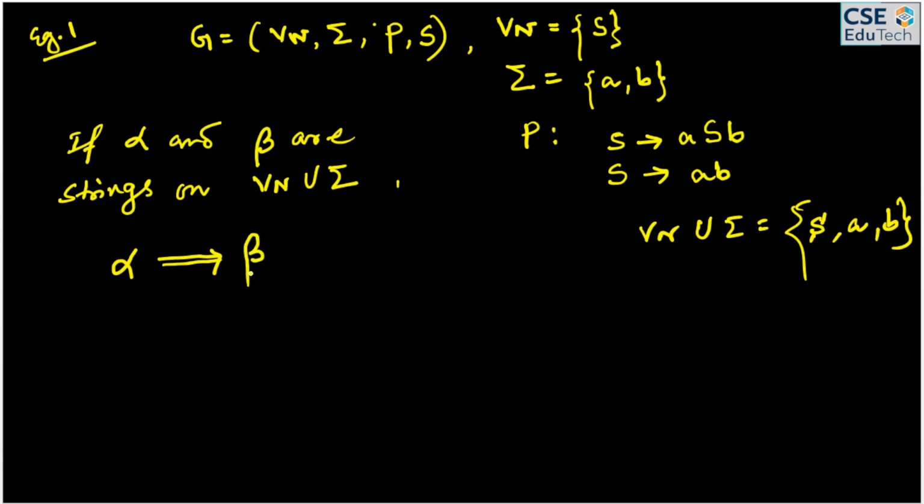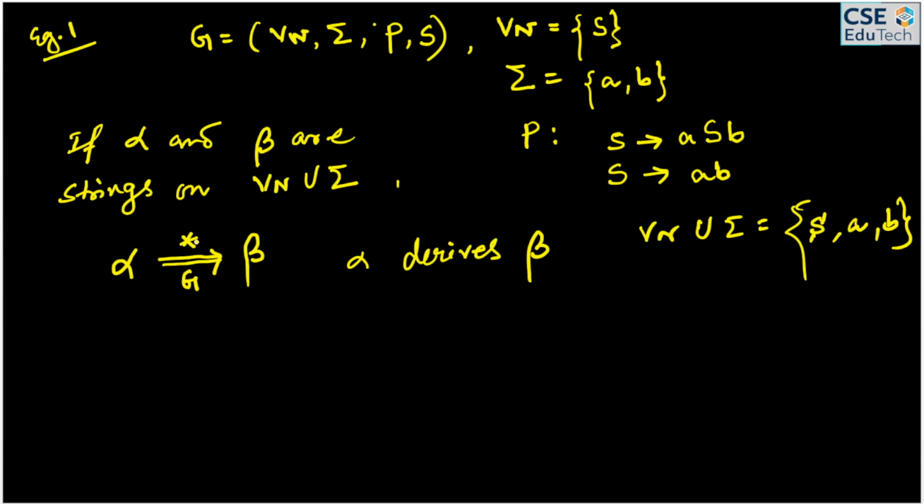The star means more than one substitution and G means by the application of the grammar. So overall, alpha derives beta by using the grammar G, and more than one substitution is applied to derive beta.